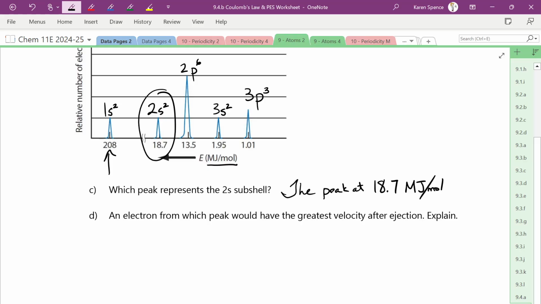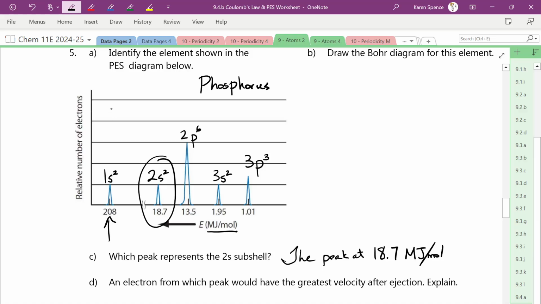Now, what if I had an electron that was further from the nucleus? Now I only need 9 kilojoules to get this one out, but I give it 16. So it's going to come out, but it's going to be traveling faster. So on this particular one, this electron gets kicked out and it moves the slowest.